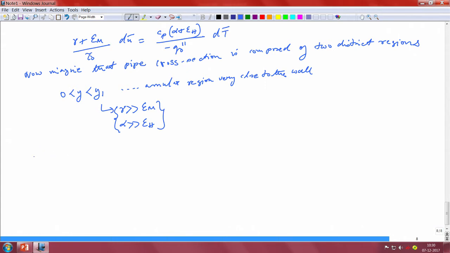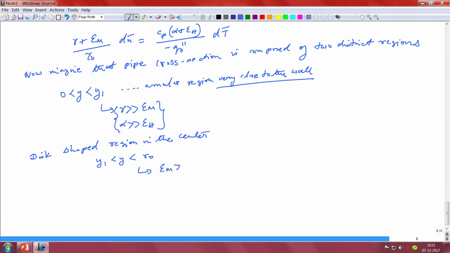And therefore, there is a disc shaped region in the center. So, this is very close to the wall. This is towards the center, where y is greater than y1 and less than some r naught, and in this particular region your epsilon m is much greater than gamma, and your epsilon h is much greater than alpha.